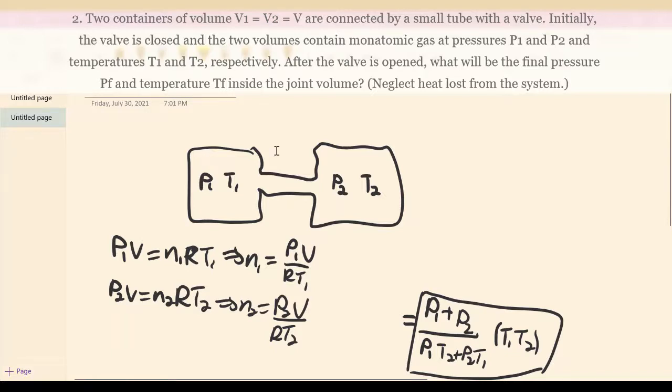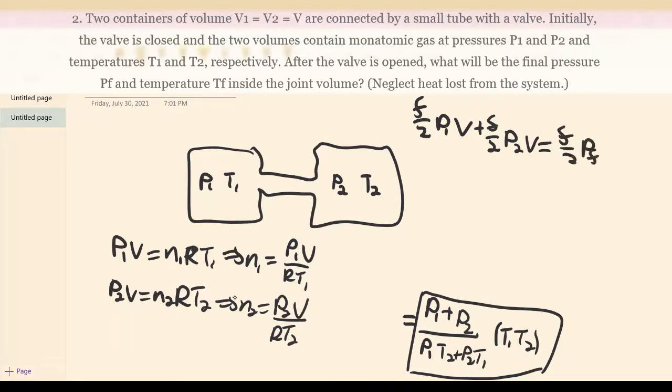That's just another way of writing the energy. And so then we can just apply it again. f over 2 times P1 V plus f over 2 times P2 V is equal to f over 2 times P final times 2V. This is because in the end, the volume is just 2V.